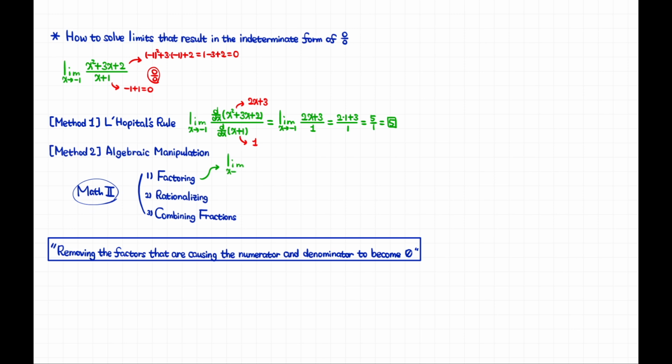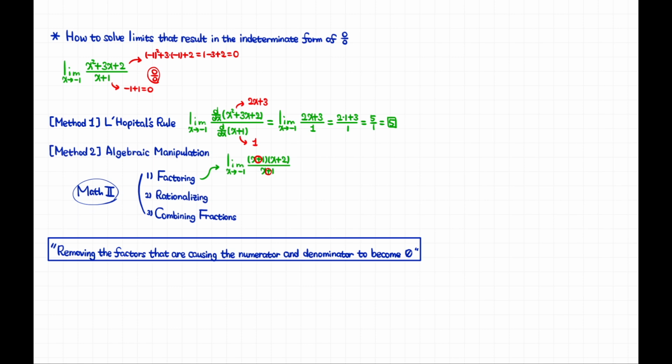limit when x approaches -1, x plus 1 times x plus 2. Okay? And like this, right? Now, let's pause and try plugging in x equals -1 into this factored form. If you plug -1 into x plus 1, you get zero, right?